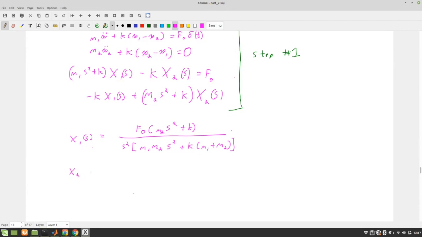And then I have x2 of s, right? So s is our complex plane space, just in case we're lost on that. I've got f naught times k, which is over s squared times m1 m2 s squared plus k times m1 plus m2.